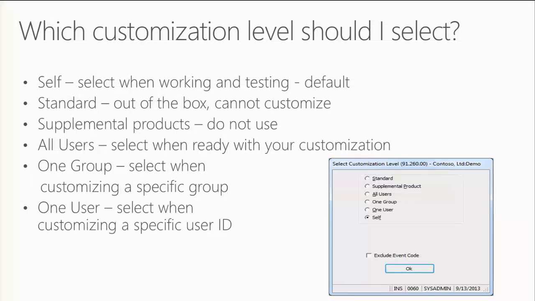If it's not for everyone, it's just for you, you can do whatever you want because you're the only one you're going to break. So I always program first for me, make sure my customization does exactly what I want it to do, looks the way I want it to look, and then I go in as all user and I give it to everybody else. So that's the whole point of the levels: who gets to benefit from this customization and who do I want to see it.